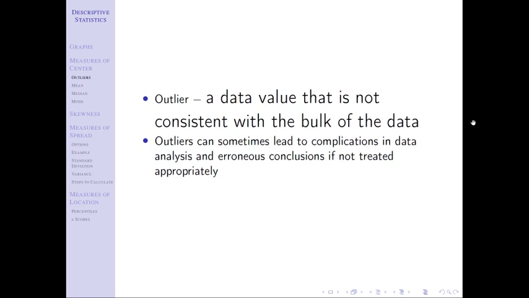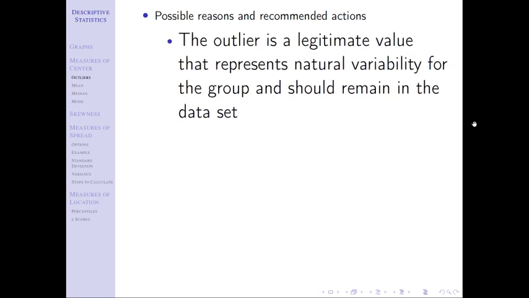The idea is that there's really three possible options when you have outliers. The first is that the outlier could be a legitimate value that just represents natural variability and needs to remain in the data set. The idea with this is if I were to ask you and your classmates to all go flip a coin 100 times tonight and report back to me via email the results of those coin flips, tell me how many heads you got.